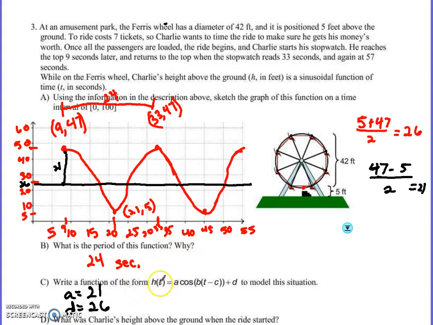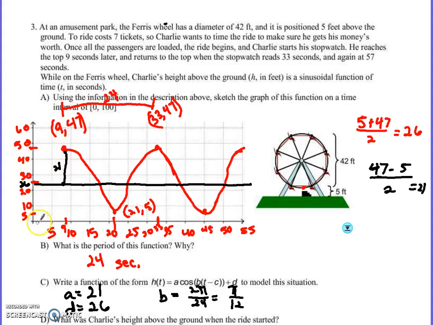Our period was 24. And so B is 2 pi divided by the period. So 2 pi divided by 24, which is pi over 12. And C, well, I need our phase shift. Normally cosine starts at the highest point at 0.